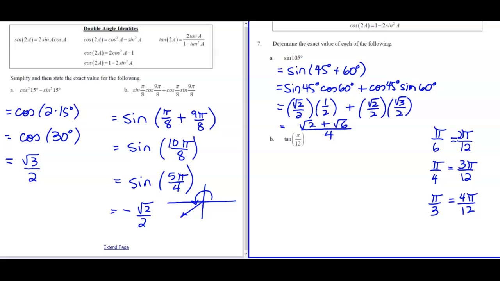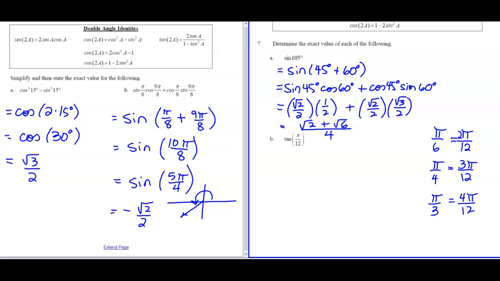And then you want to look at what we can do there to get pi over 12 when you add or subtract. There are a few choices that you can do, right? So I could go this minus this. I could go this minus this. Yes, you could obviously do bigger angles, right, that are bigger than 90 or pi over 2. But why?